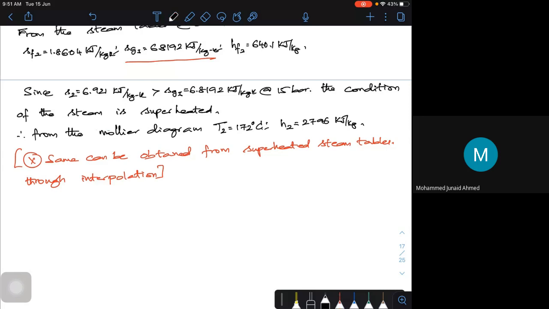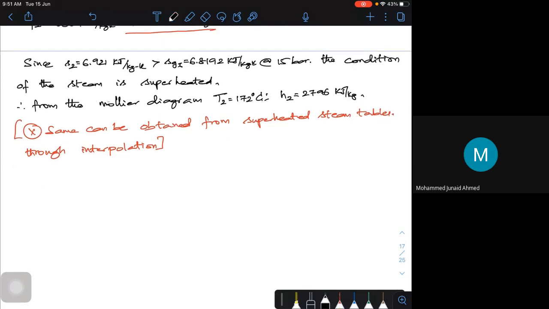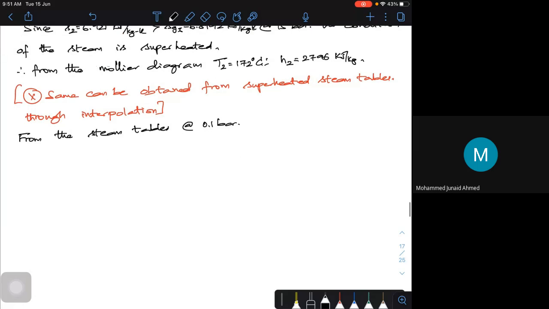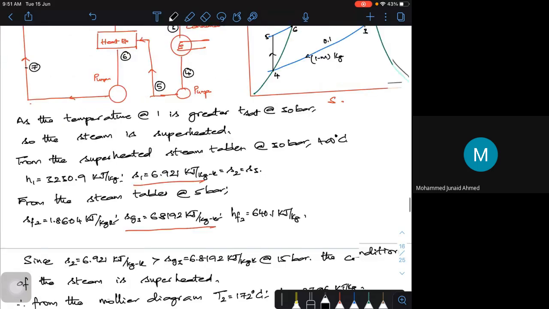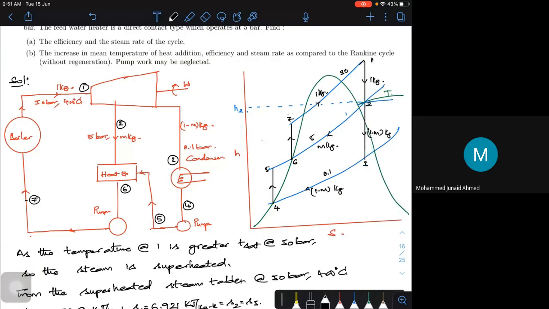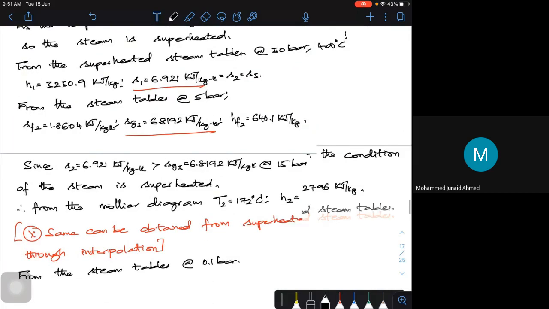Now once this is done, I have to go to 0.1 bar. From the steam tables at 0.1 bar, I have to get all the values, corresponding to point 3. So SF3, SG3, everything I have to get.